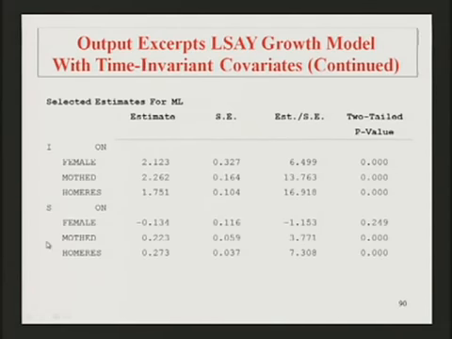So is that right? So that 2.123 is the effect of female on the intercept, and the negative 0.134 is the effect of being female on the slope. Yes? Where did you get the last one? Slope on female. Negative 0.134.